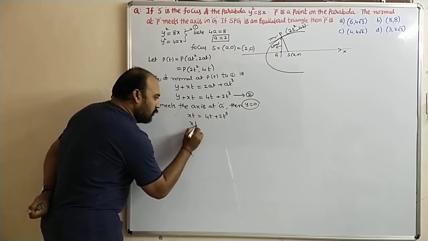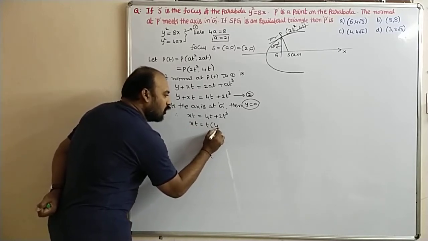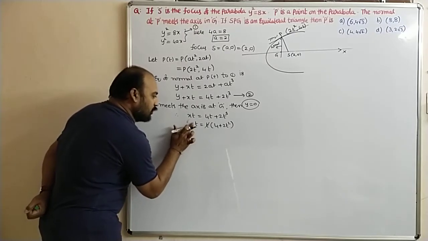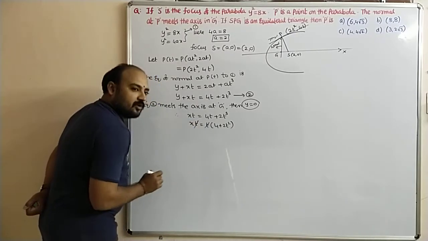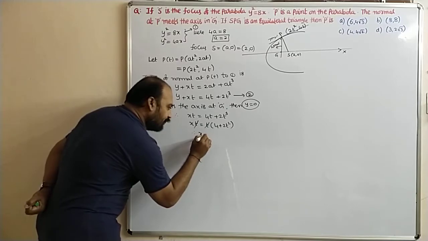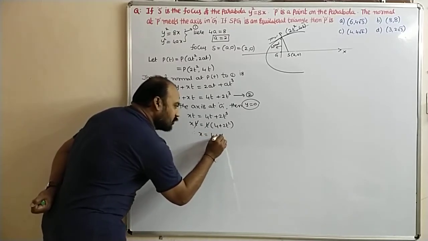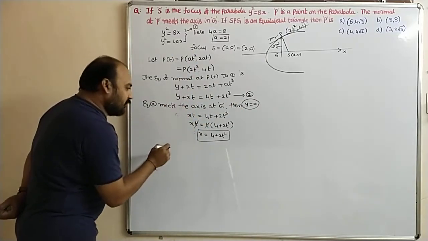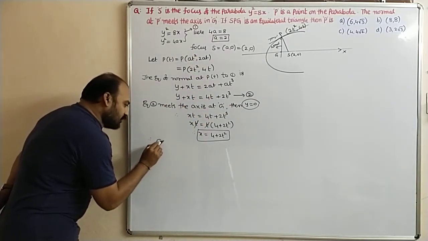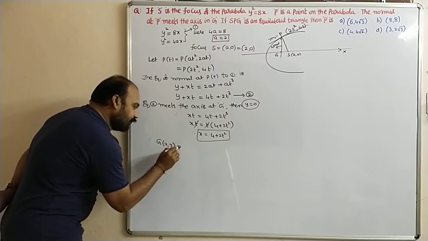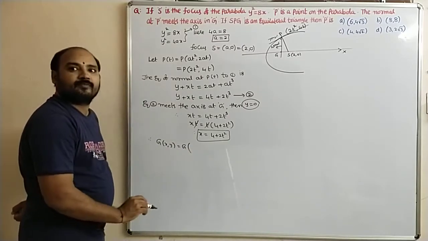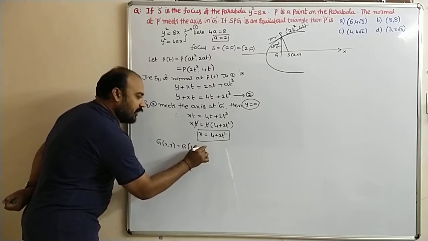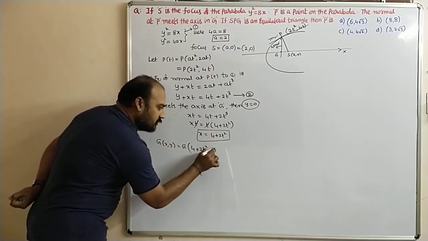Take 2t common on both sides: 4 plus 2t square, both sides t gets cancelled, sorry. Therefore x is equal to 4 plus 2t square. Therefore the point G is G of x comma y equal to G of (4 plus 2t square, 0).